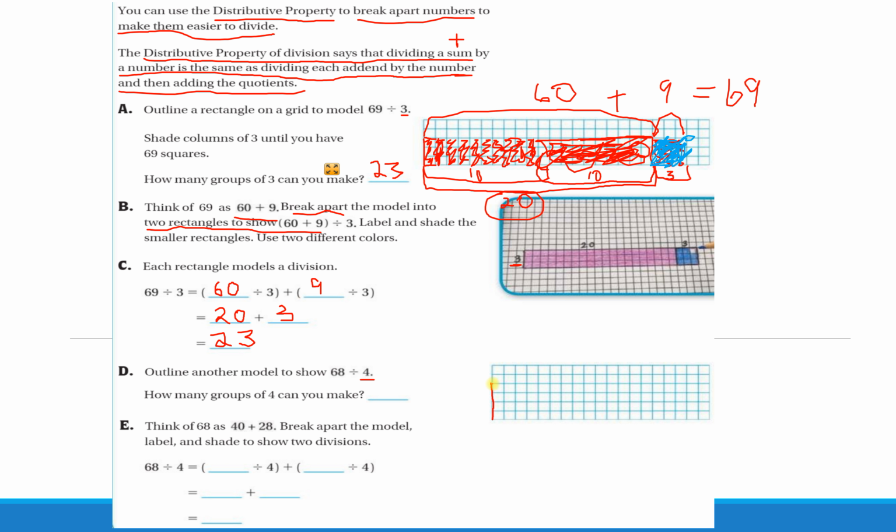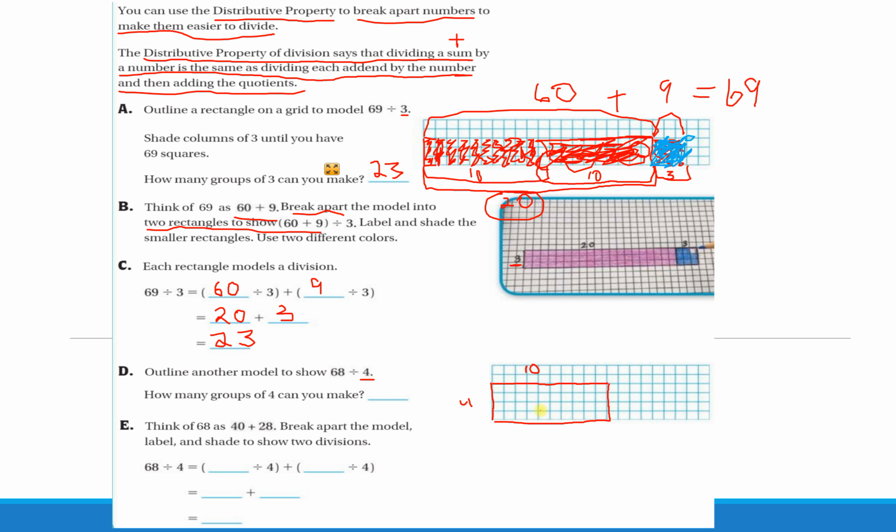Well, I know 10. I'm going to jump ahead, right? 10 of them would be 10 times 4, which would get me up to 40. So there's 1, 2, 3, 4, 5, 6, 7, 8, 9, 10. Okay. So that's 40 total, because I have 4 by 10 here.